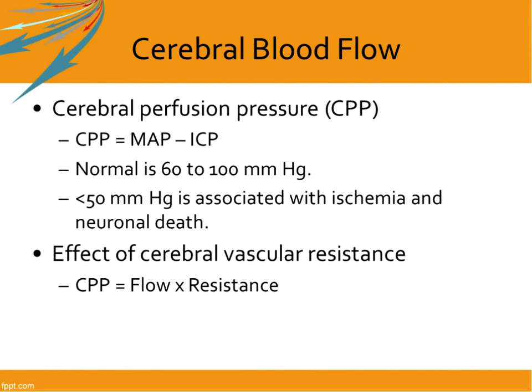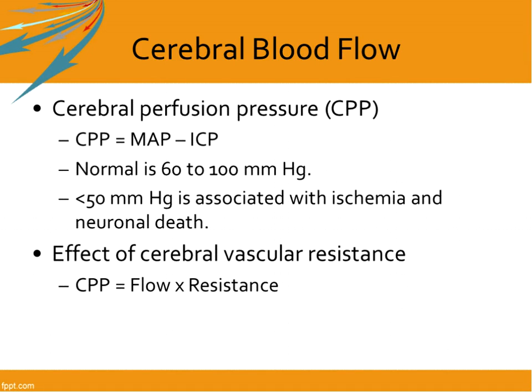As it goes down, we'll see autoregulation fail, and then we'll see CBF decrease. If we've got a cerebral perfusion pressure of less than 50, then we're going to have ischemia, and we're going to have neuronal death, okay? When we get down to less than 30, we're going to see that we've got profound ischemia, and that is just incompatible with life.